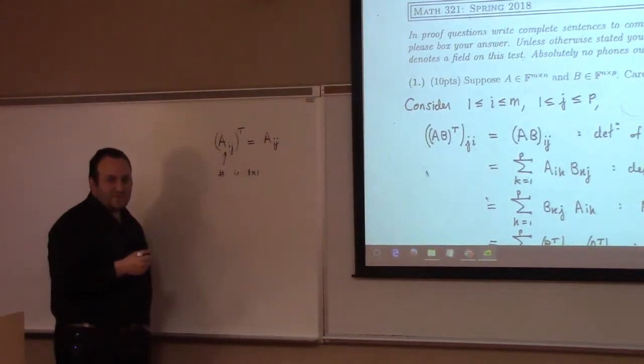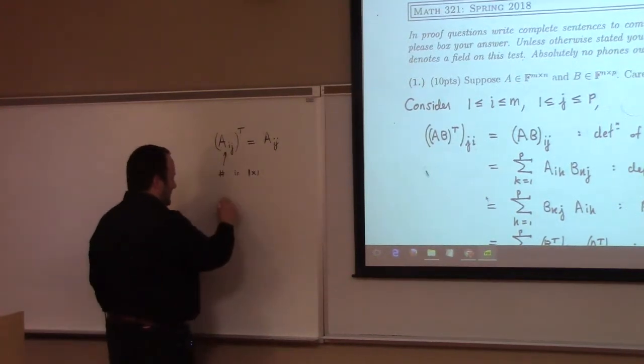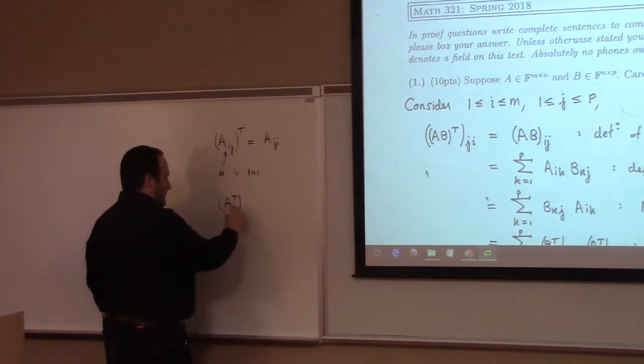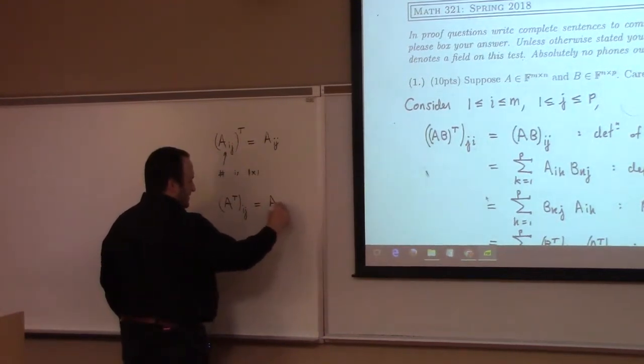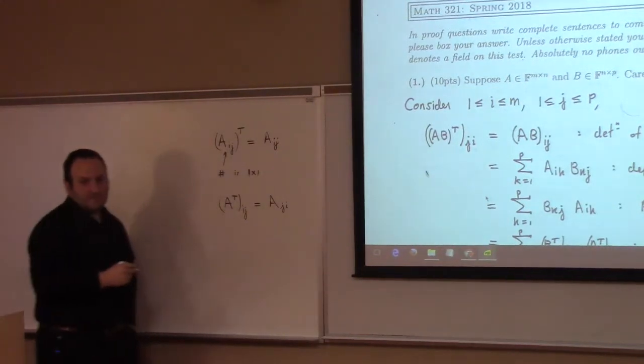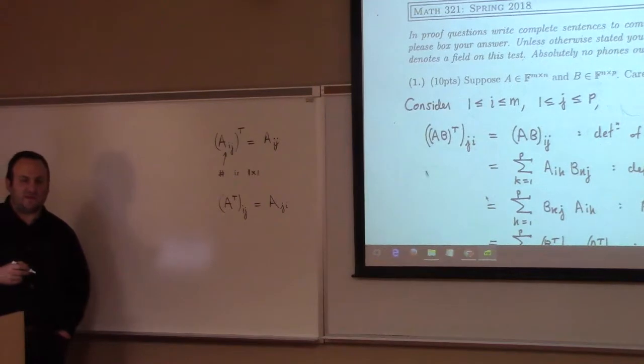Transposition of numbers is just numbers again. 1 by 1 matrices transpose to themselves. What you wanted there was this, A transpose _ij. Now that is A_ji, right?